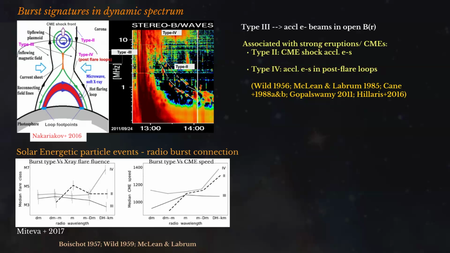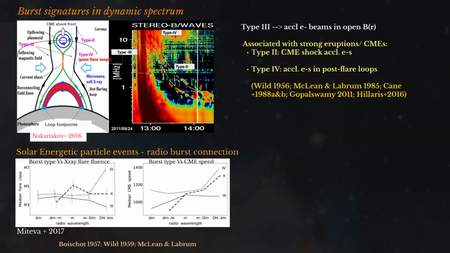That generates the Langmuir waves, which are later converted into radio emission. So whenever you have electron beams generated at reconnection sites, you have them.